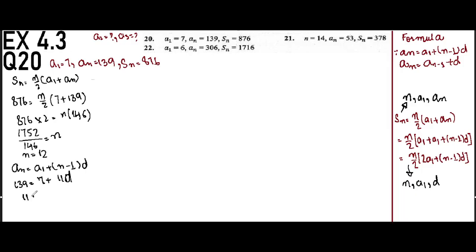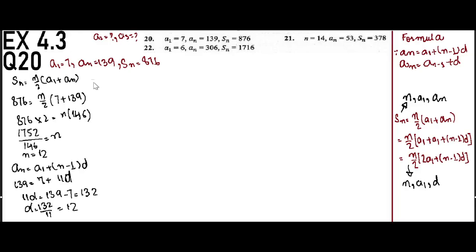Okay, 11d is equal to 139 minus 7, which is 132. Now d is equal to 132 by 11, which is equal to 12. So d is 12 and n is also 12.